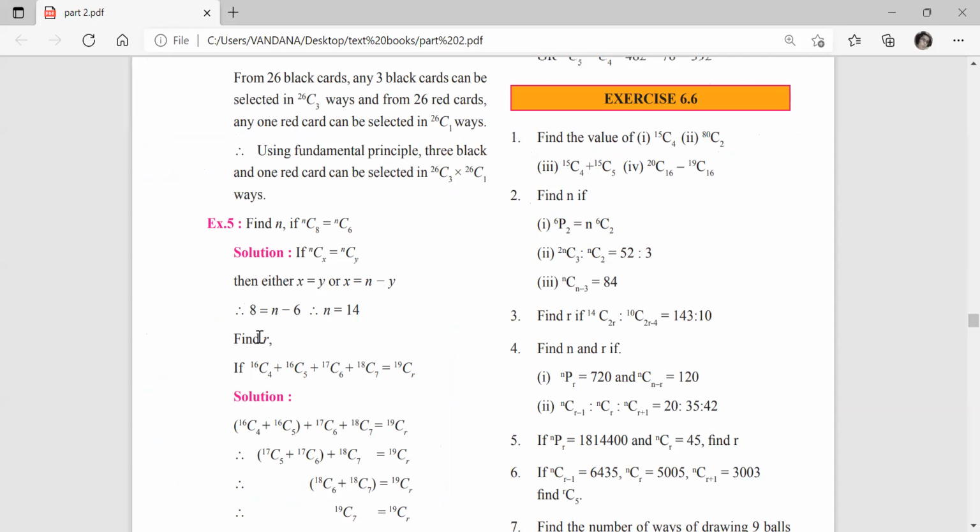Third, find r if 14C2r upon 10C2r minus 4 is equal to 143 upon 10.